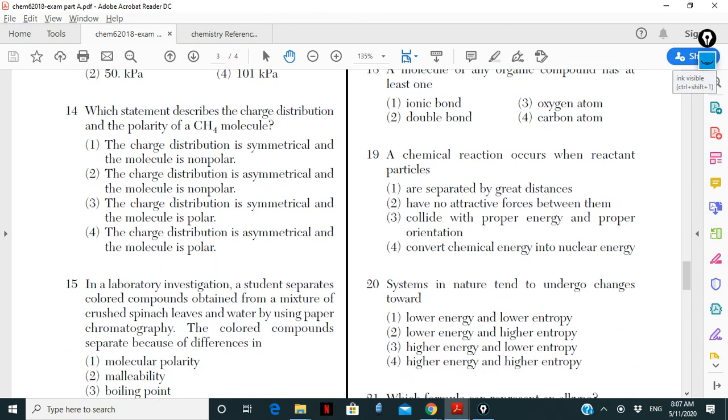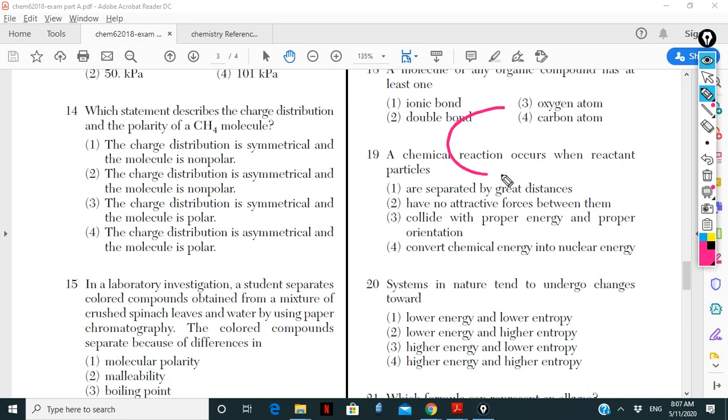Which statement describes the charge distribution and polarity for CH4? If you're looking at CH4, that's the structure. Now I have like a mirror.